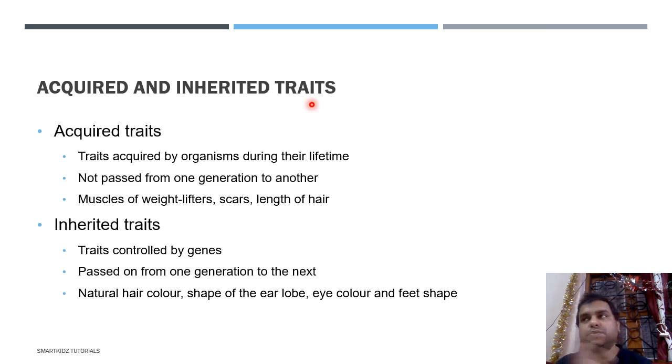Just because you know how to play a musical instrument does not mean that your child will automatically know how to play an instrument or will be successful at playing an instrument. That is something that is learned over a period of time, not inherited, not passed on by your genes from one successful generation to another.